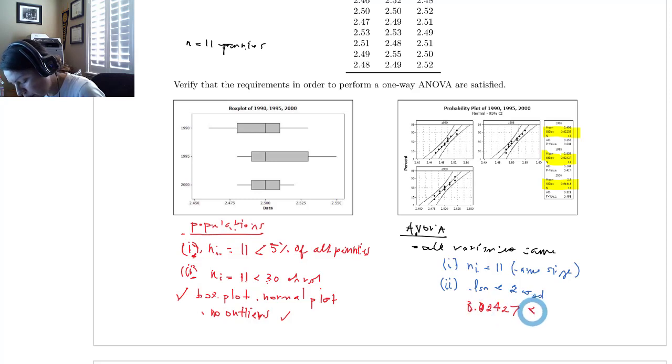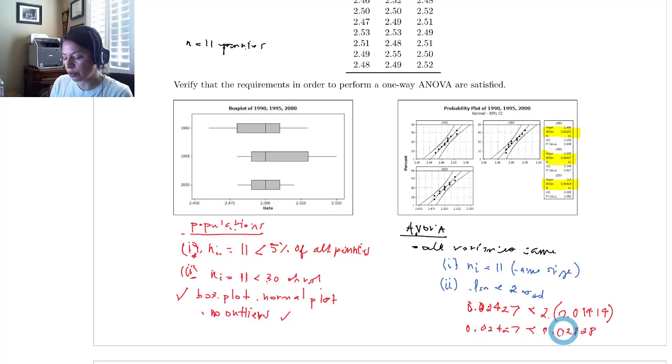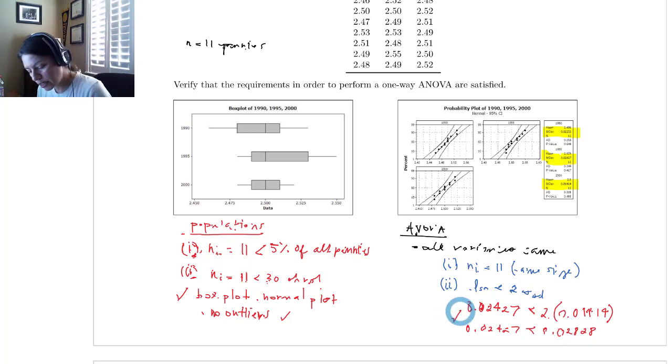The question is whether this is no more than 2 times the smallest standard deviation, which I can see is the last one, 0.01414. And it is, because twice that is 0.02828, and sure enough, 0.02828 is larger than 0.02427, so that criterion is met.